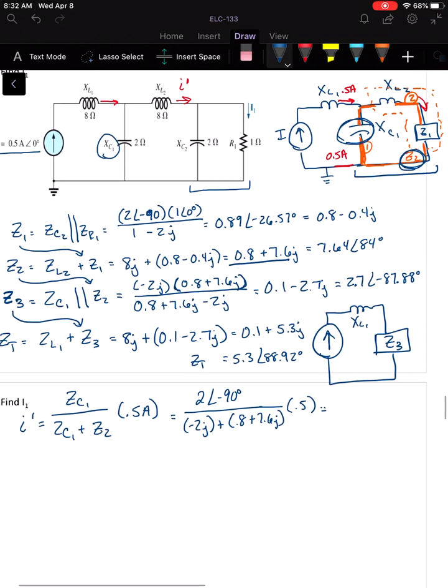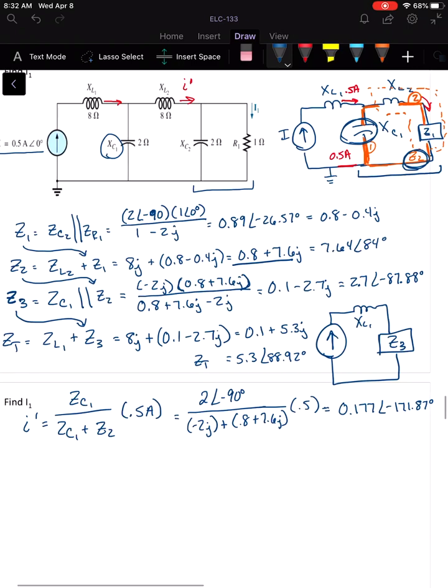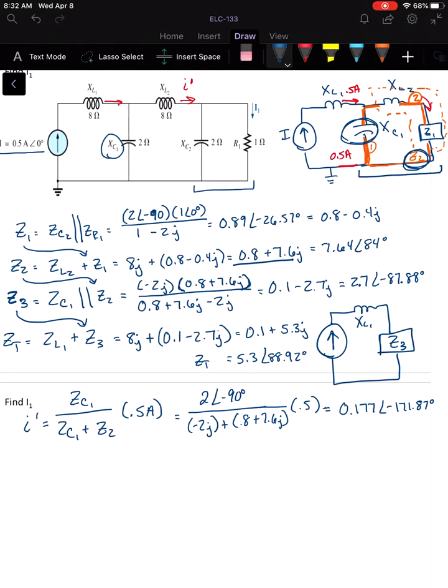And so when you do the math to work that out, it's about 0.177 at negative 171.87 degrees. Okay, so that I prime, again, is right up here.